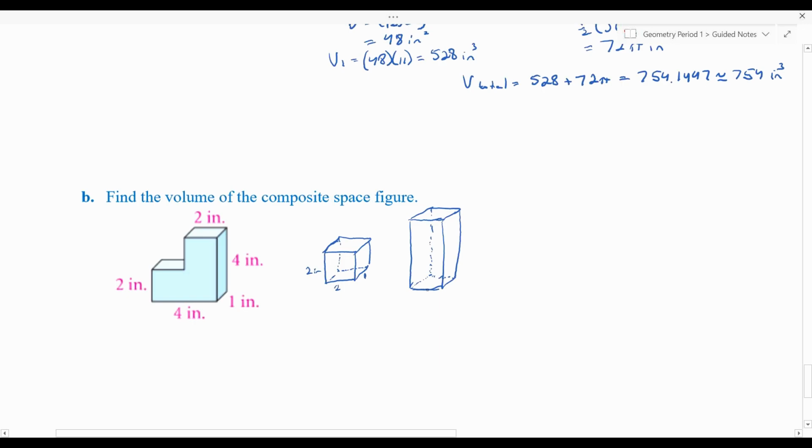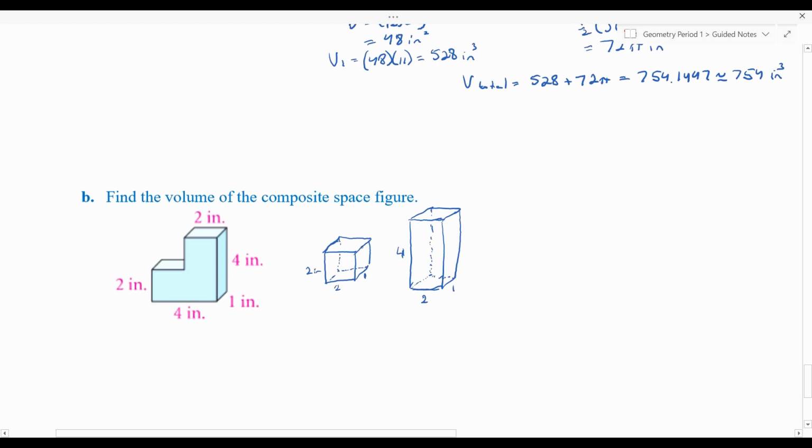And our dimensions here, the base is also going to be 2 by 1. The height, on the other hand, is going to be 4. Okay, notice that if I put these two together to make my original, it comes to be 4, right? So I divided that into 2, so this width is 2, this one is 2. Our height here is 4, just like in here, and since this is a cube, it's just going to be 2 over here. It's also not really a cube, it's a rectangular prism over here. It just looks like a cube.